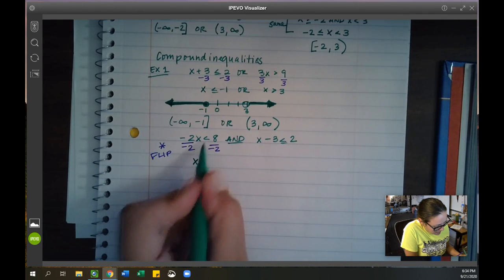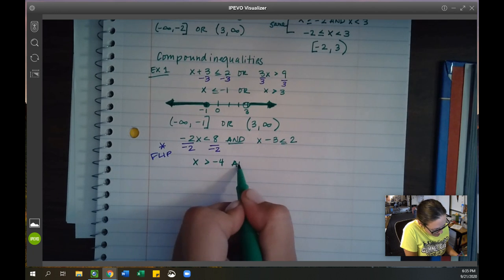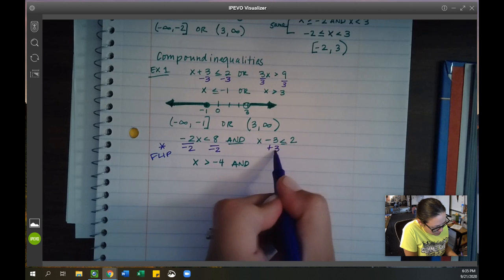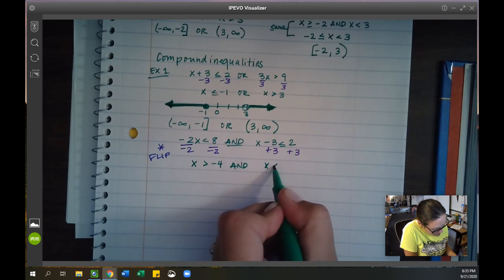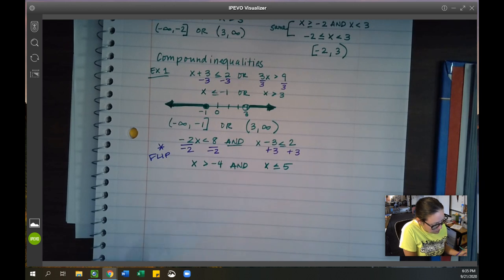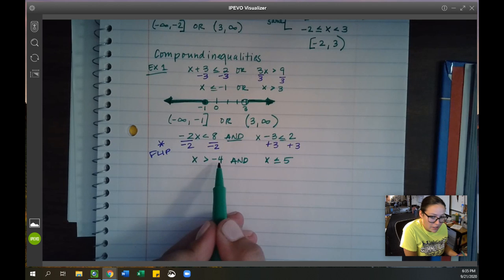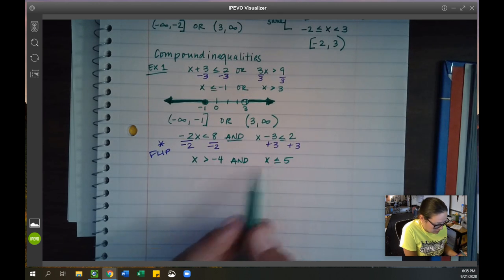So this is going to be x is greater than negative 4, and what do I do to this one? I'm going to add 3 to both sides. So x is less than or equal to 5. So x is greater than negative 4 and x is less than or equal to 5.